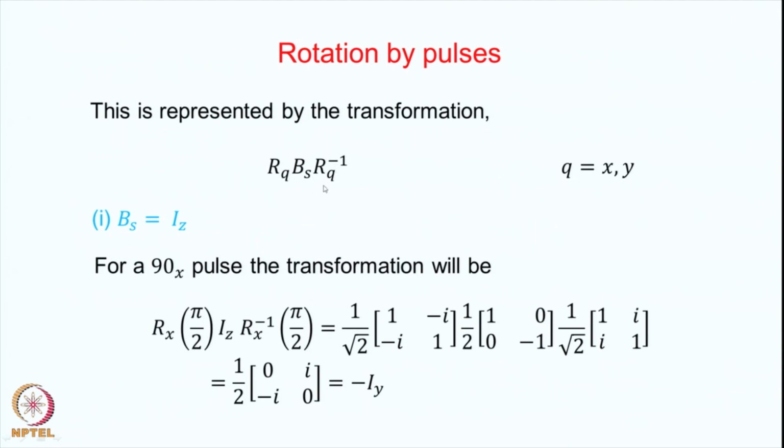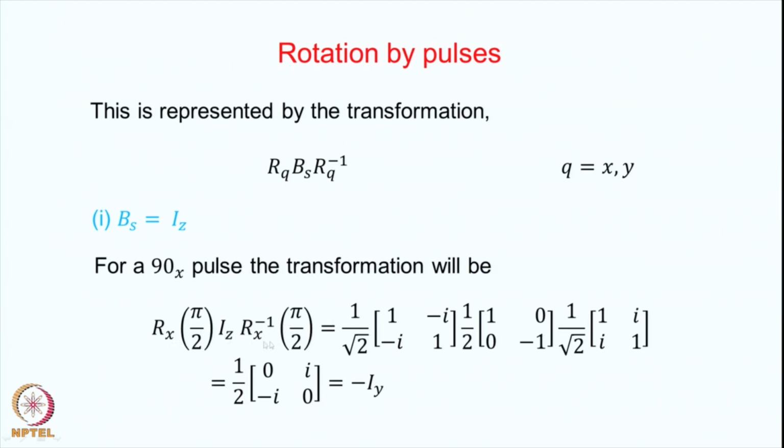Now let us actually calculate the influence of this on some basis operators. We take as an illustration Bs equal to Iz. This is the simplest of all of those, and for a 90° x pulse we have to write the individual matrices for these pulses. Suppose we apply it along the x axis, a 90x pulse, therefore this is Rx pi by 2 Iz Rx minus 1 pi by 2.